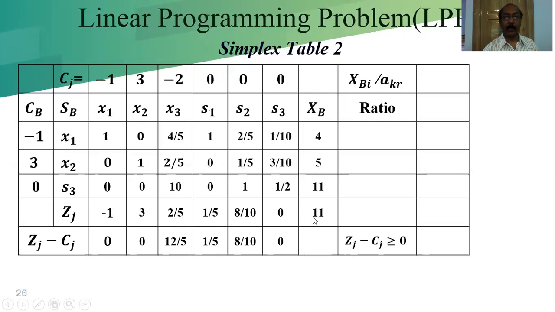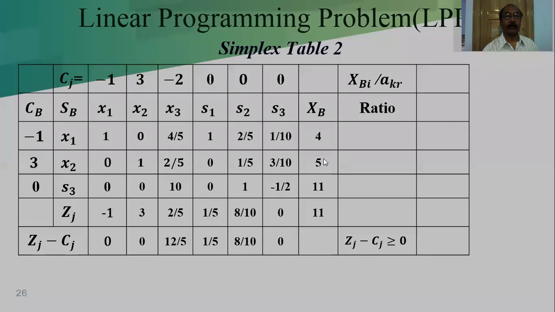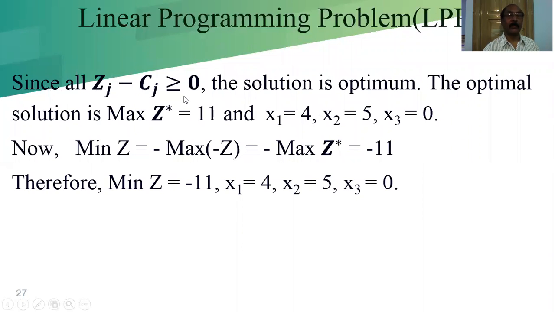Now from that we have to convert this value to our minimization value. Since all Zj minus Cj are greater than or equal to 0, the solution is optimum. The optimum solution is max Z is equal to 11 and x1 is equal to 4, x2 is equal to 5, x3 is equal to 0.